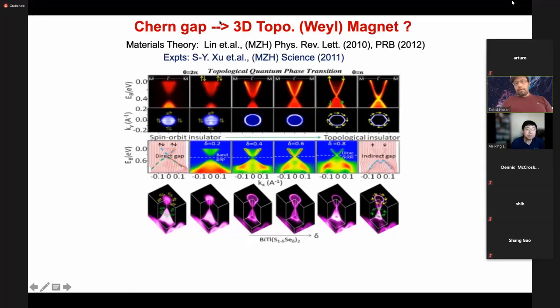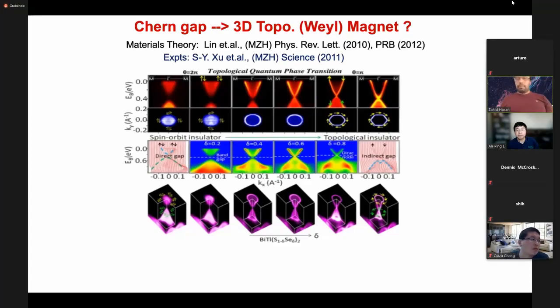Since we know how to do the Chern gap and all that, our algorithm was: if we realize a 3D Dirac fermion by driving a topological insulator to a normal insulator, at the inversion point we have a 3D Dirac fermion. Then if we magnetize it, we'll get a Weyl fermion. That will give us the simplest form of 3D topological magnet.